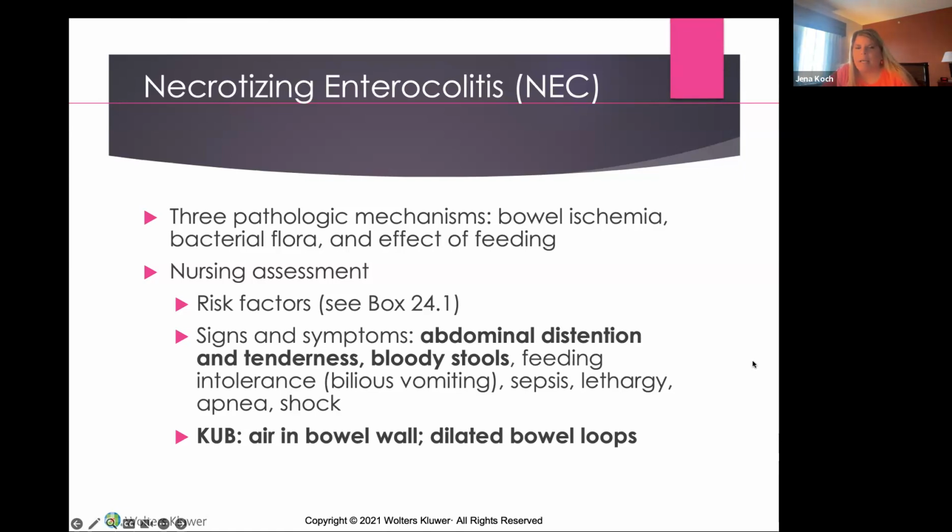Necrotizing enterocolitis. So this one, again, like I mentioned before, evidence has shown that newborns who have been fed formula, and these are more the preterm, very preterm infants, right? Newborns that only get formula, it's not that big of a risk, but these are more the preterm infants. It causes bowel ischemia, bacterial flora, and then the effects of the feeding, right?